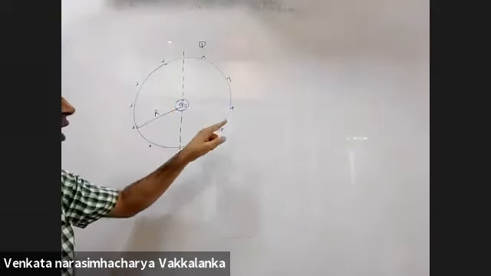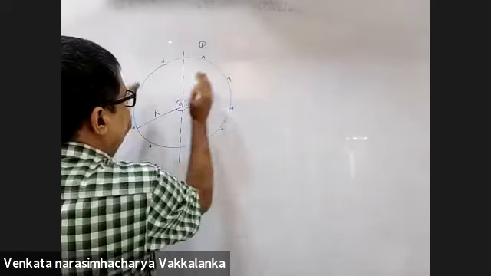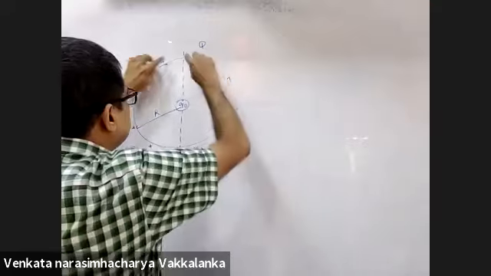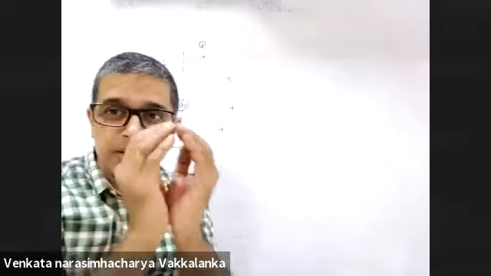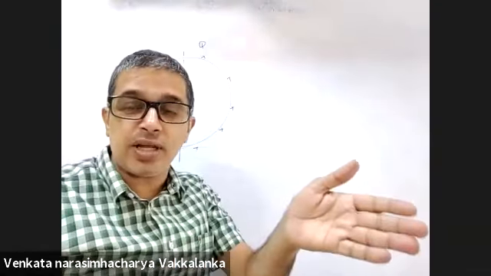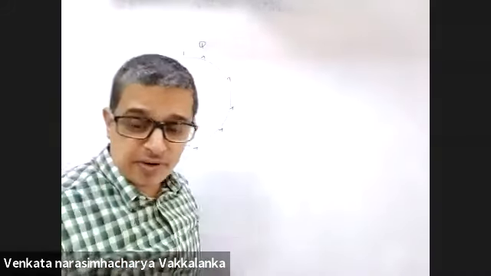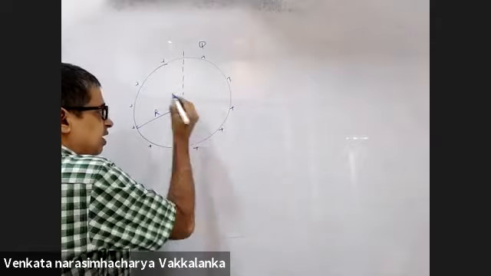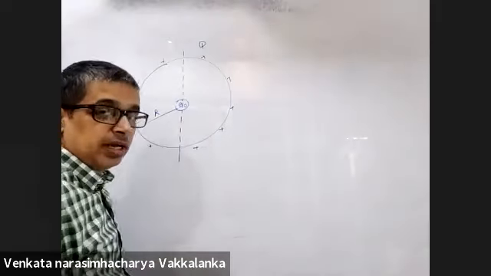Now, the question asked is, if this Q naught didn't exist, the two hemispheres will fly apart. One hemisphere will exert a repulsive force on the other hemisphere, right? So now I am keeping a negative charge of minus Q naught here.